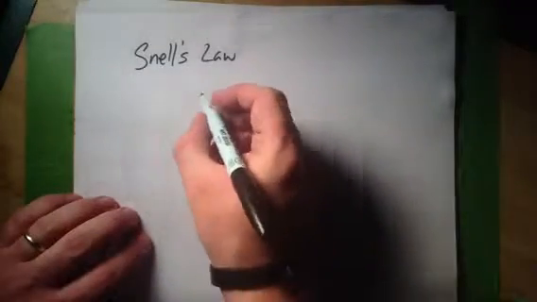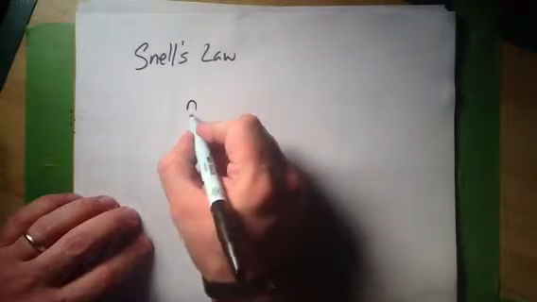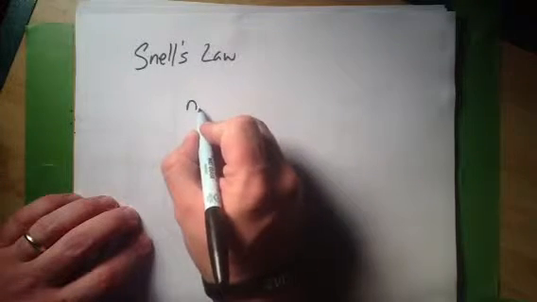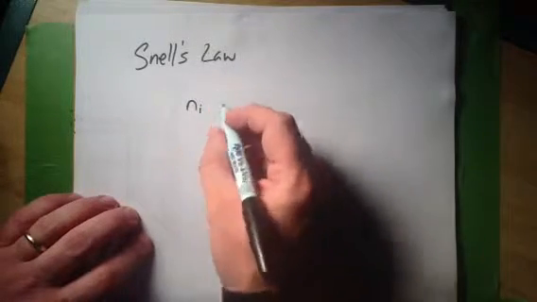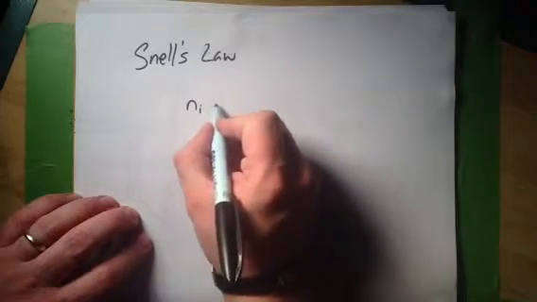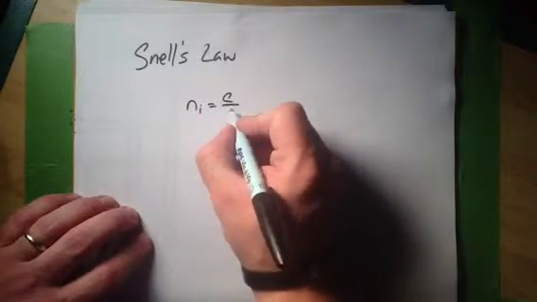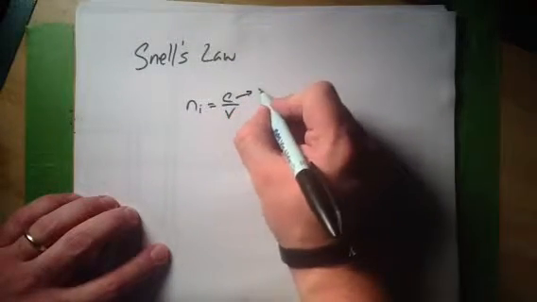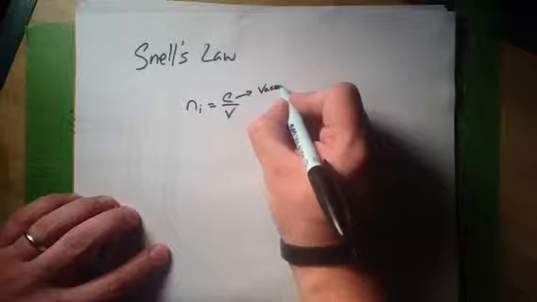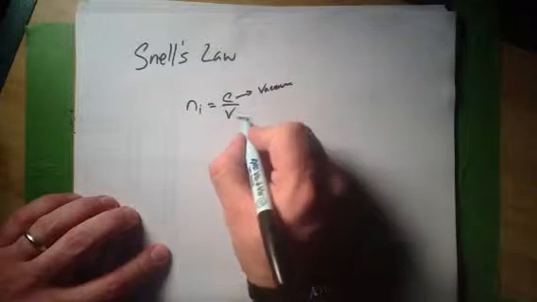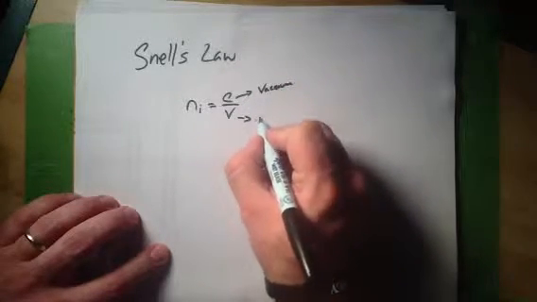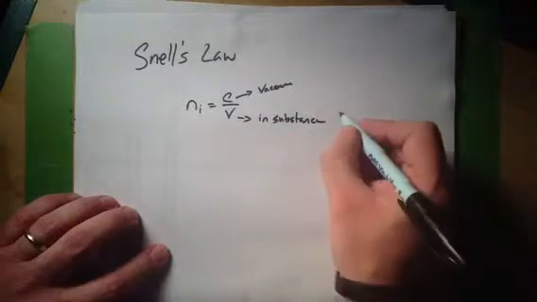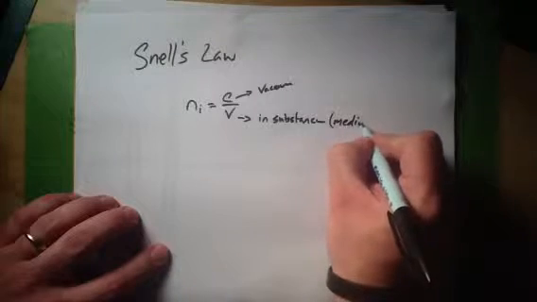The index of refraction is equal to the speed of light in a vacuum over the speed of light in the substance, or better known as the medium.